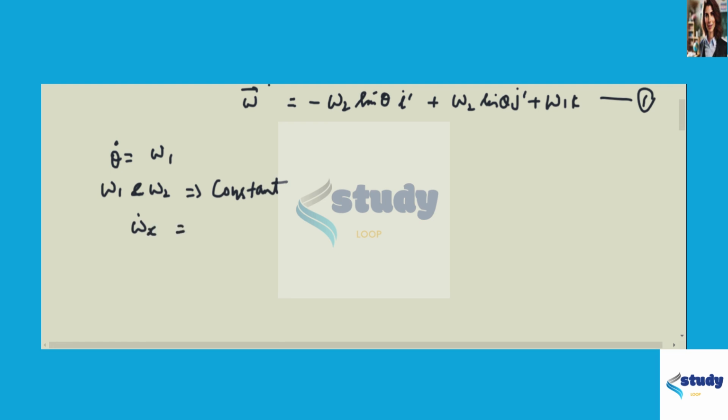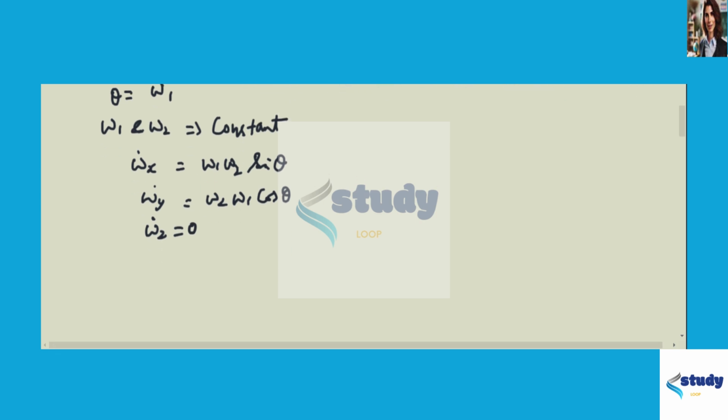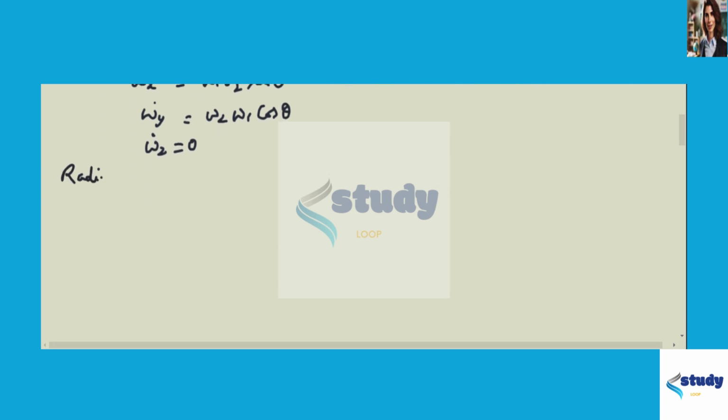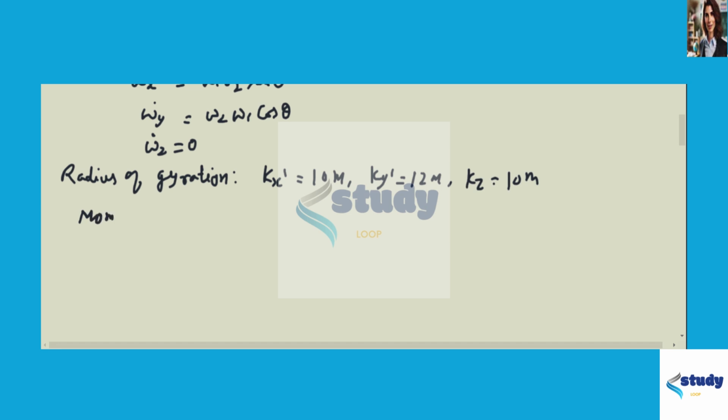Omega dot will be zero. Now the radii of gyration: kx dash is given as 10 meters, ky dash is given as 12 meters, kz is given as 10 meters. So the moment of inertia I is equal to m k square.